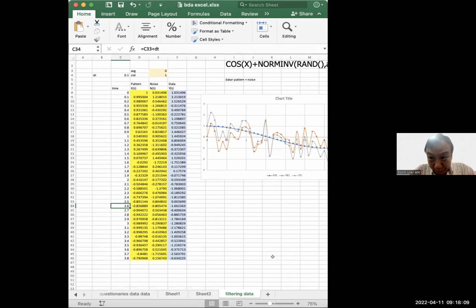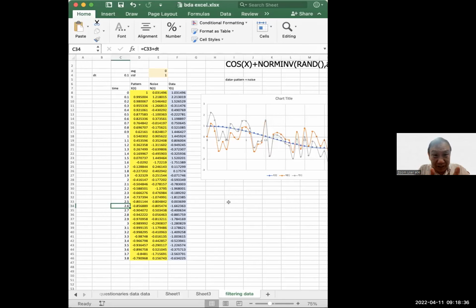Is that correct or not? What you get, what you observe from the reality is the data, which is the Y there. Okay. Now, you want to create back the pattern inside that data. How are you going to do that?